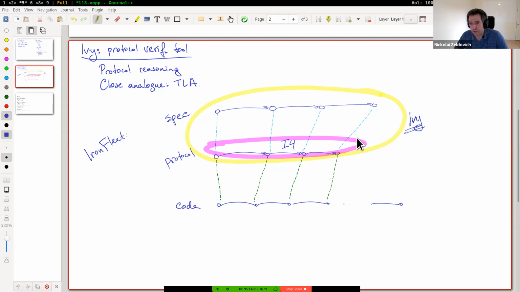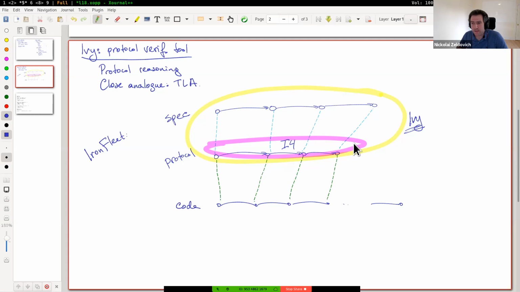But what I4 is not doing is showing any kind of correspondence between these protocol level states and some abstract version of that at the spec level, or showing that some other transition system corresponds to protocol level steps. So I4 is sitting somewhere slightly above the middle of this IronFleet sandwich, helping us reason more precisely about these protocol level transitions. So that's the setup where I4 is going to sit for us.